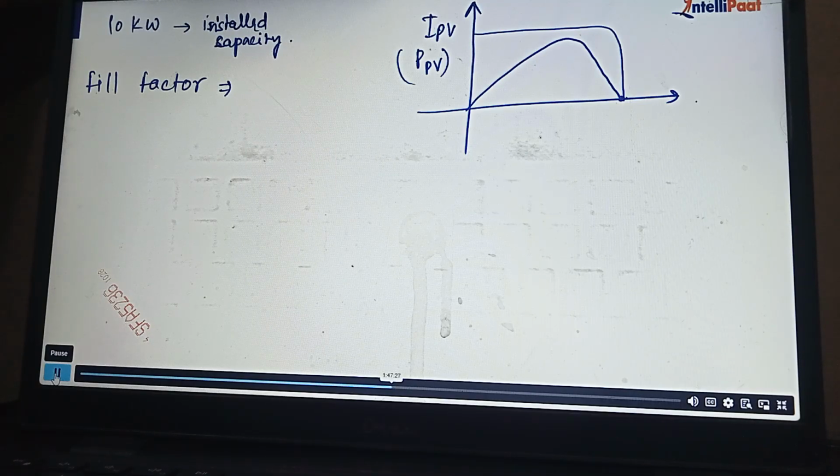So this will be wrong, because we have to draw this very closer to this, so that this peak point should come into the picture. Let me redraw it again.